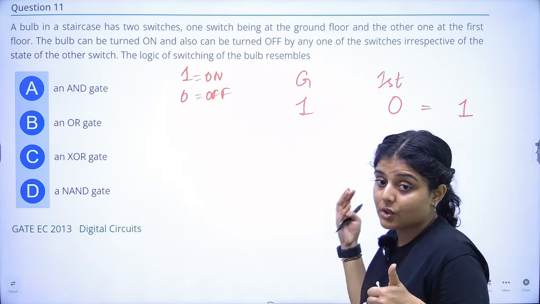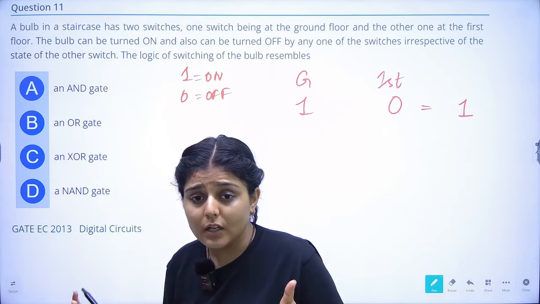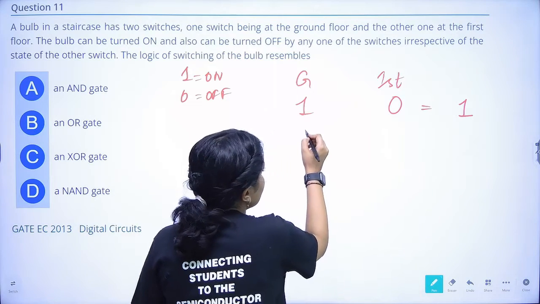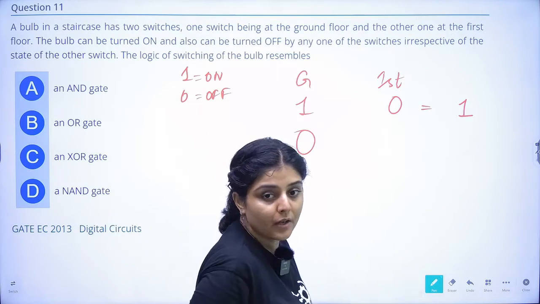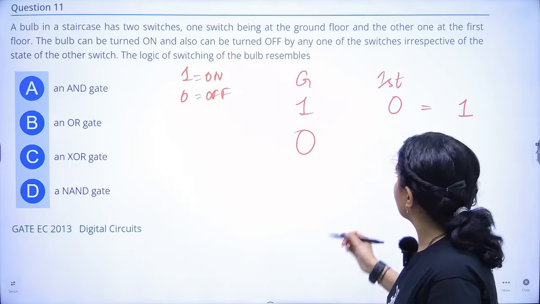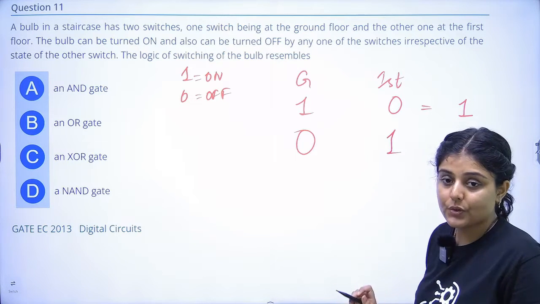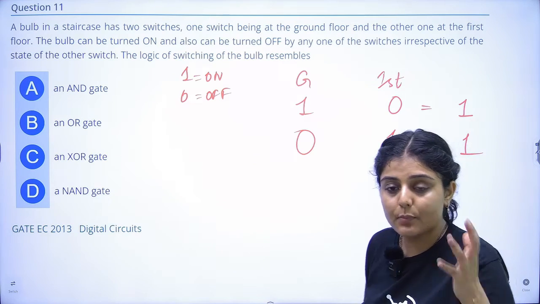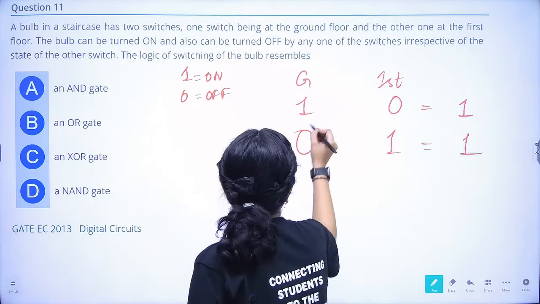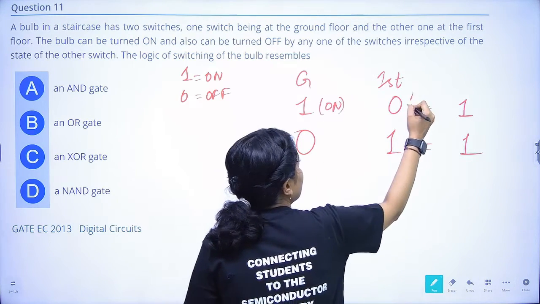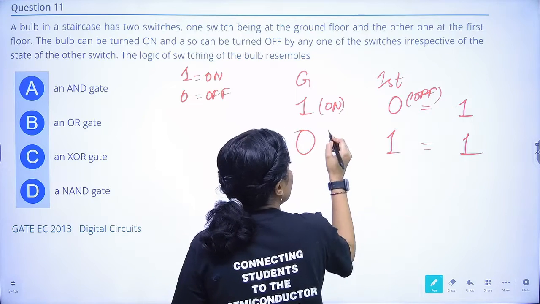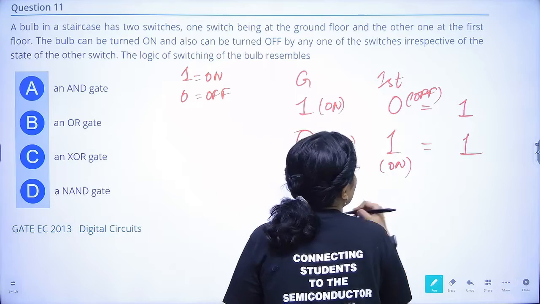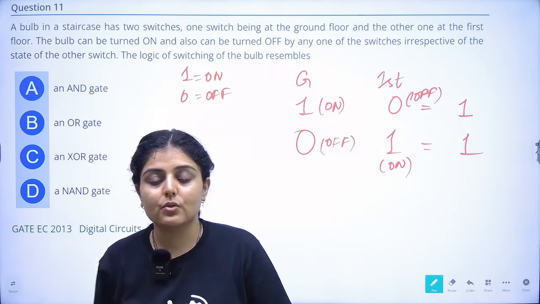Also, if I have turned it off from the ground floor, I can also turn it on from the first floor. Both of these situations should be true.